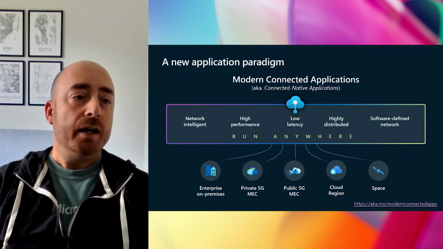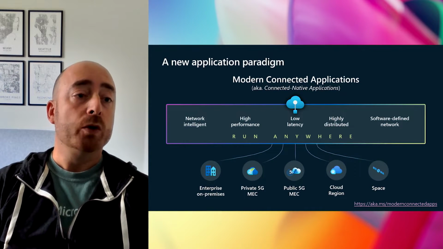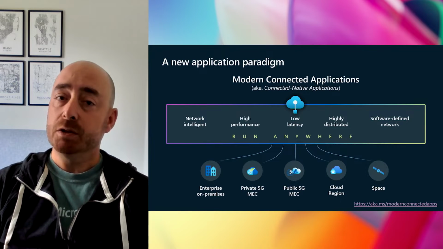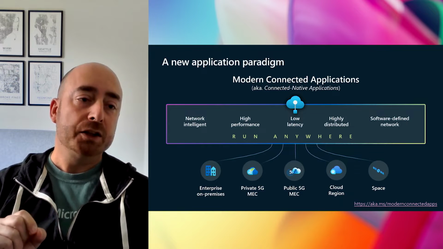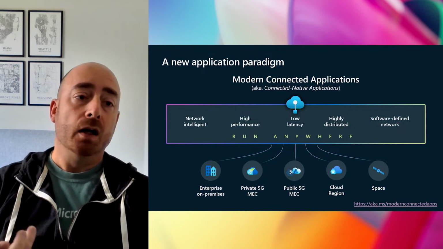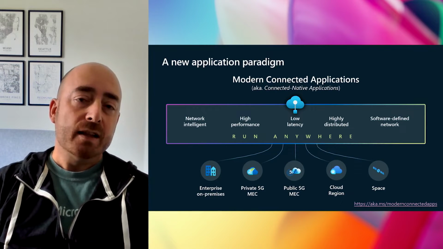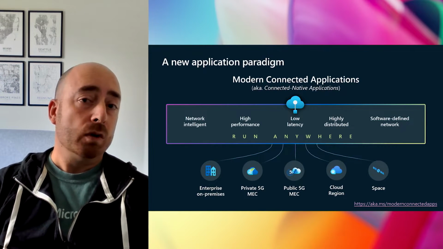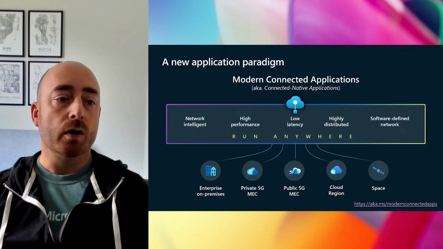So based on that, we think that there's a new application paradigm. It's what we call modern connected applications. And the key word here is connected, right? It's the connection. You could also call it connected native applications, because it means that in this new world, the applications are going to be network aware, right?